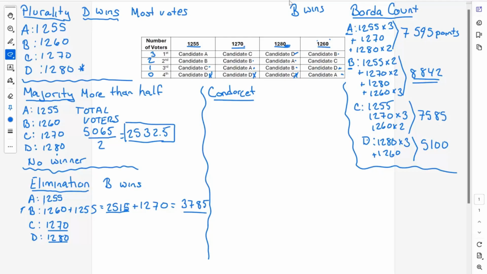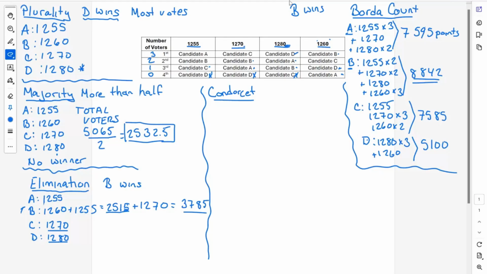What the Condorcet method does is slightly different from these other voting methods. It says, let's imagine a scenario where there were only two candidates, for example candidates A and B. Who would win the election?